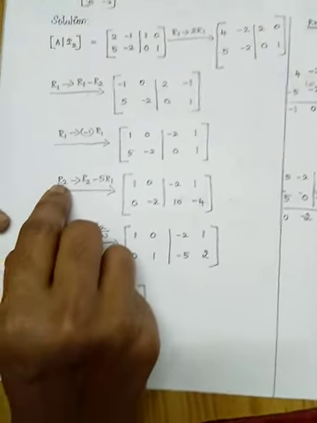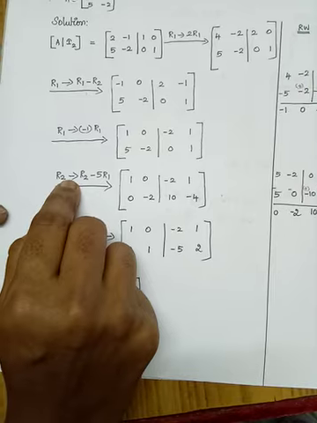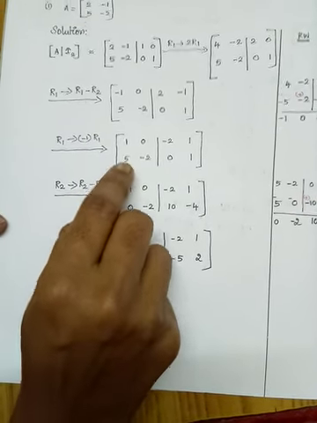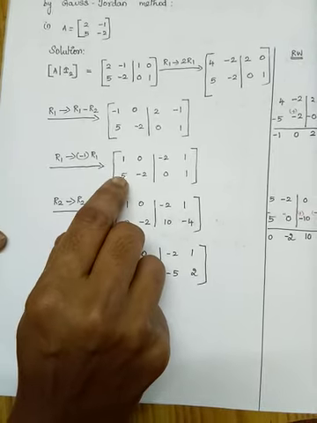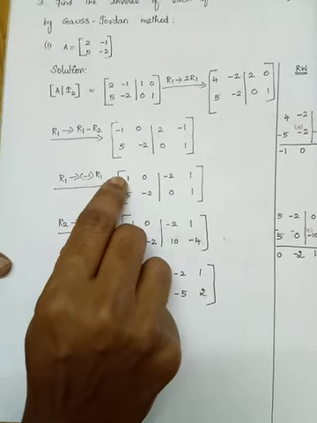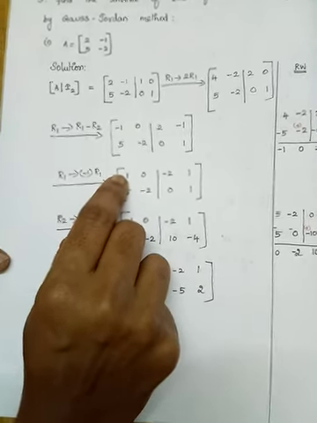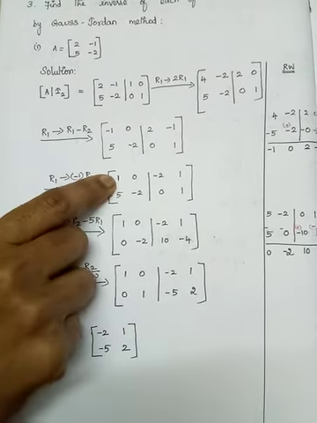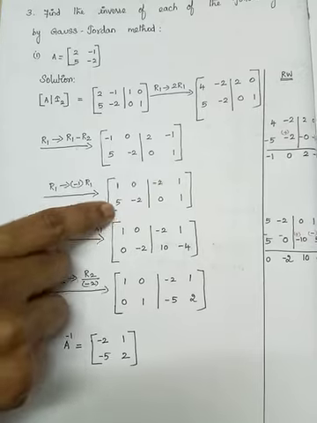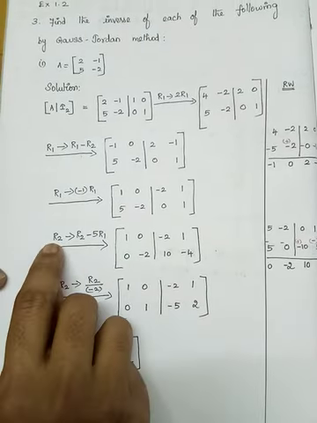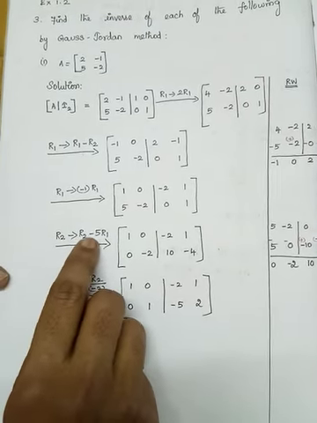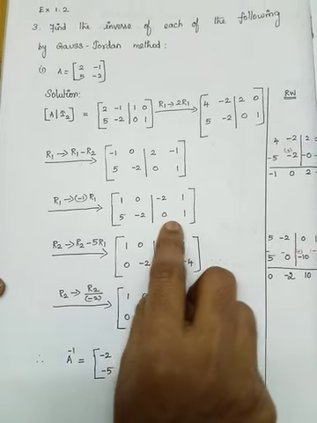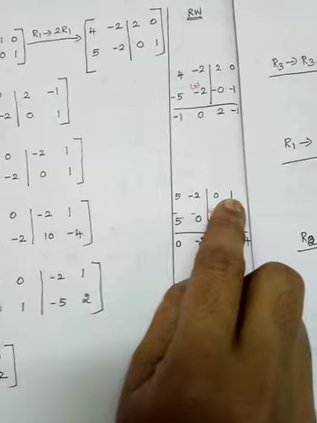What is the transformation I have used? R2 implies R2 minus 5R1. To make this element 0, here you have 5 and in the place of R1 you have 1, so R1 has to be multiplied by 5, and then if you subtract, it becomes 0. Look at the transformation, R2 implies R2 minus 5R1. Write the R2 elements here.